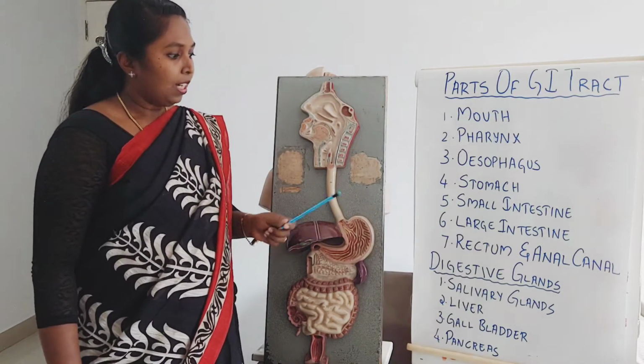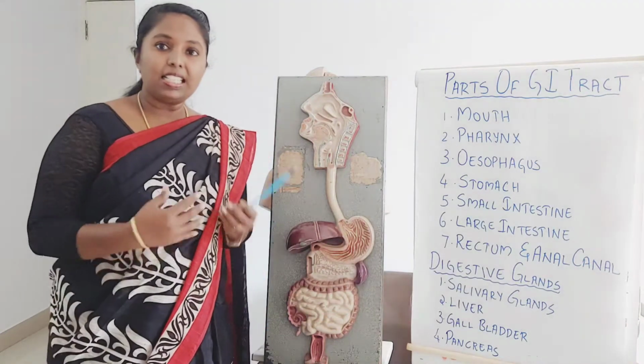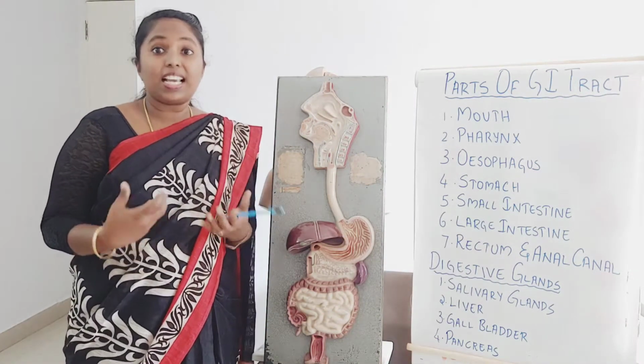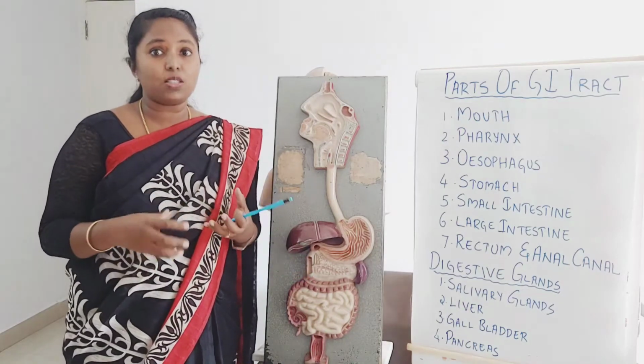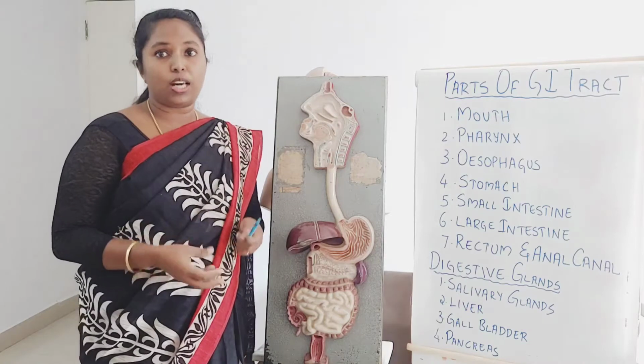Next, digestive glands. There are 4 digestive glands. These glands produce or secrete enzymes which are helpful for the digestion of all the foods that we eat.